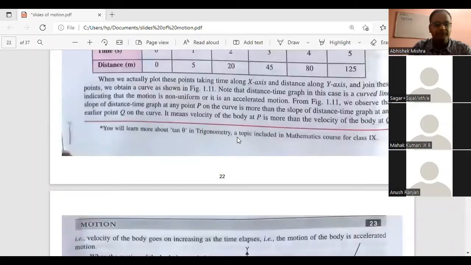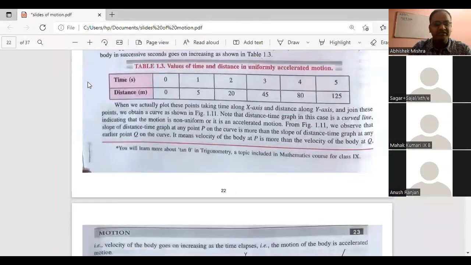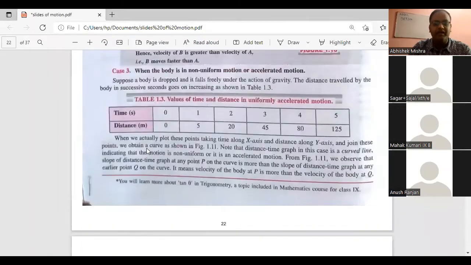So when we actually plot these points, taking time along the x-axis and distance along the y-axis, and join these points, we obtain a curve. And the distance time graph in this case is a curved line, indicating that the motion is non-uniform.